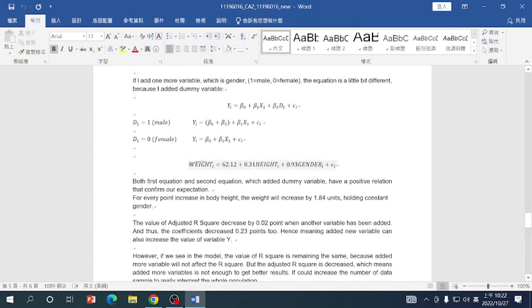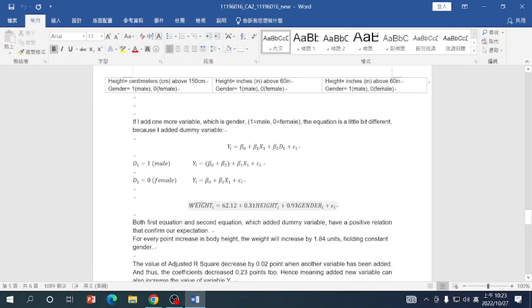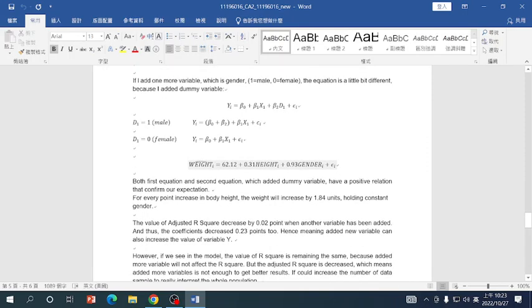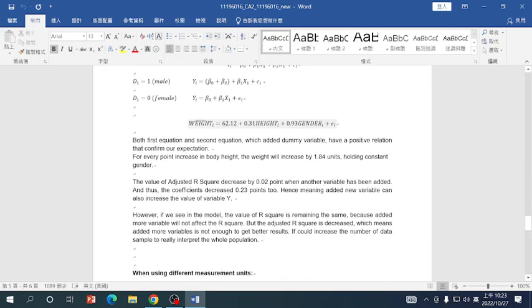It's inches and pounds, right? Yes. So inches and pounds. For every increase of 1 inch in height, the weight is going to increase by 0.31 pounds.